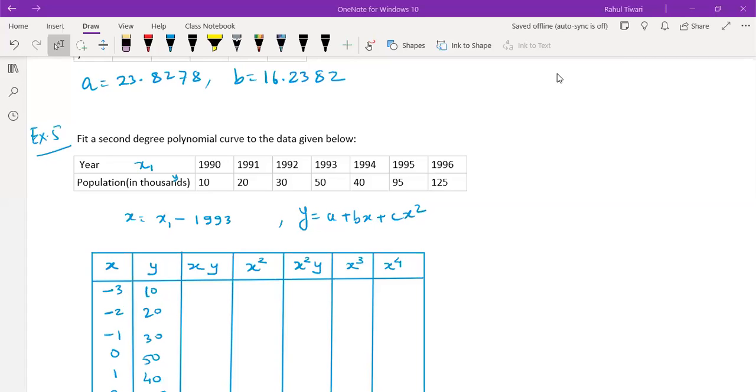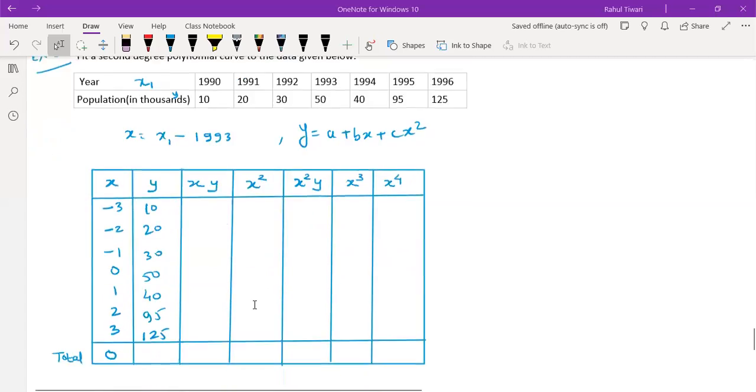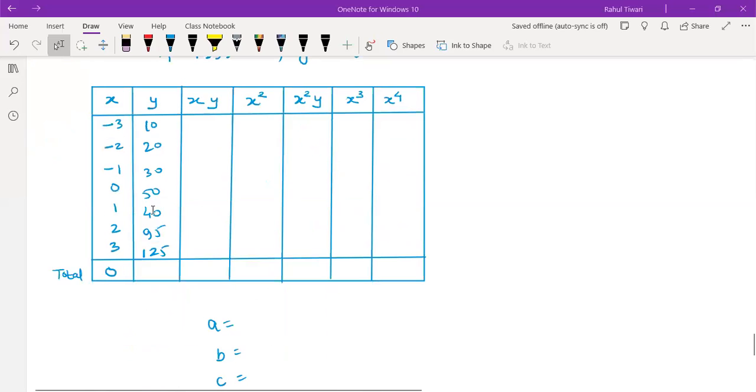And I forgot to tell you that when you feed these values now in the calculator, you may get all these summations in the calculator itself. You go to some option and you can check what is the summation of x into y.